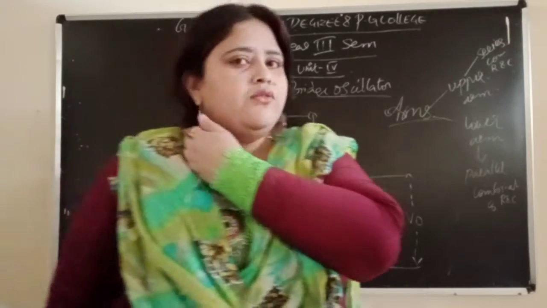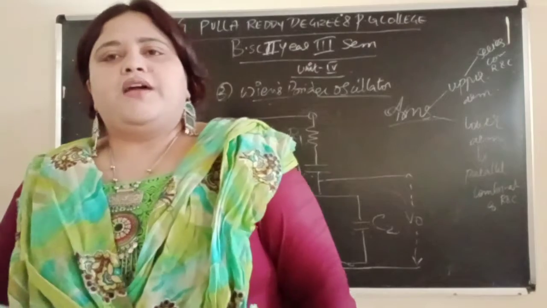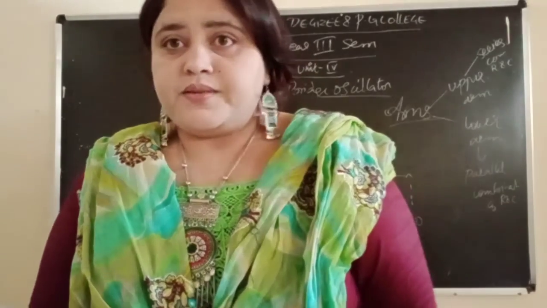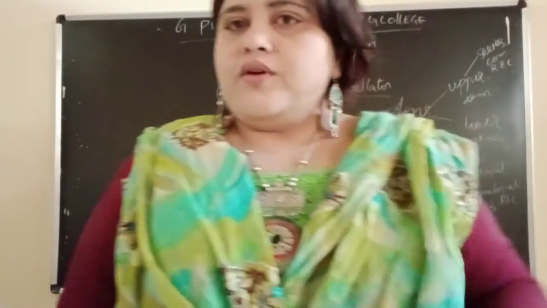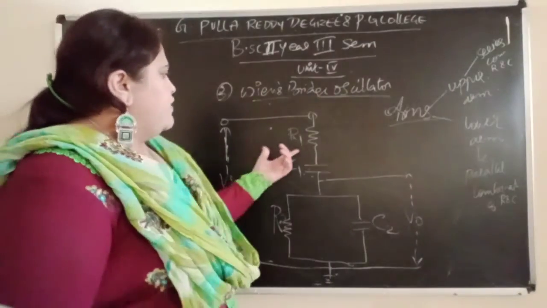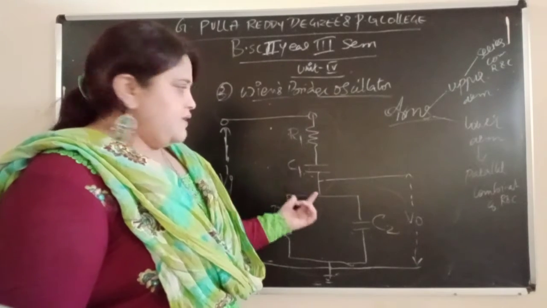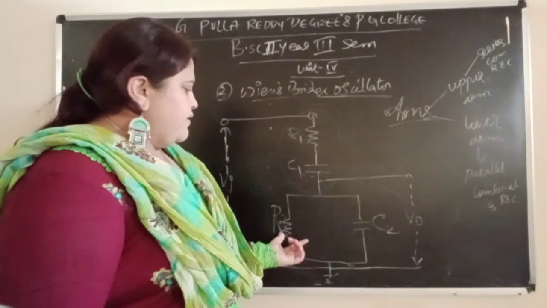Then we went to the circuit diagram of the Wien-Bridge network principle. That circuit diagram we already drew yesterday. Once again, the circuit diagram consists of two arms, upper arm and lower arm.